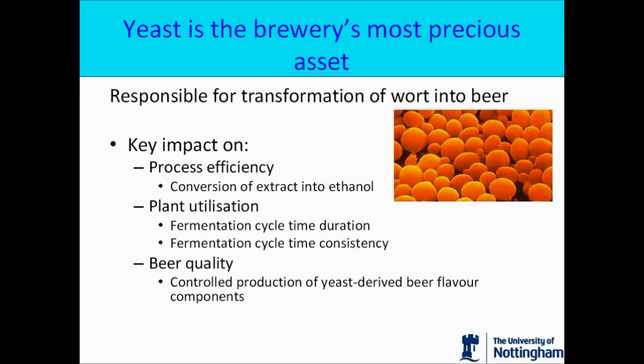So you can look at things like fermentation cycle times, and that can be viewed purely in terms of length, but also in terms of consistency. And then obviously the yeast has got a very big role in terms of final beer flavour. So a great deal there that you need to get right.